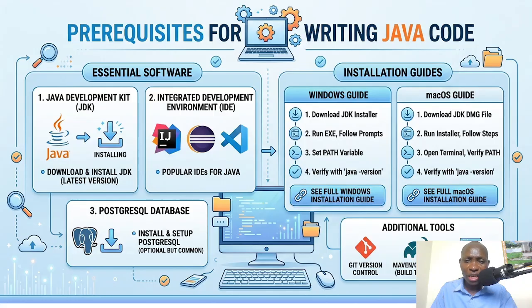You may use Eclipse or VS Code, you are free to use any IDE, but I personally will use IntelliJ. Number 3, ensure you already have the PostgreSQL database installed. Remember, installation of Postgres is very easy. You just go online and search for Postgres.